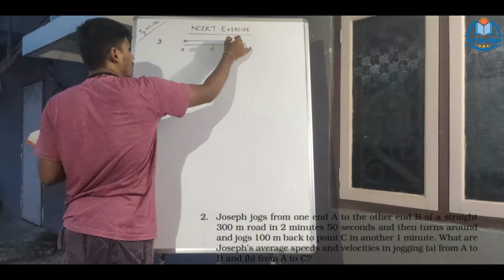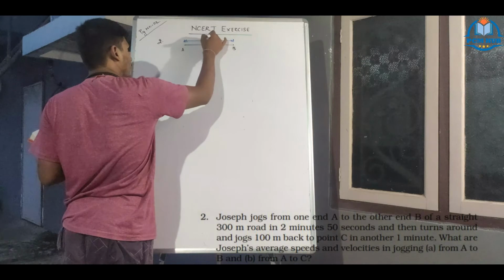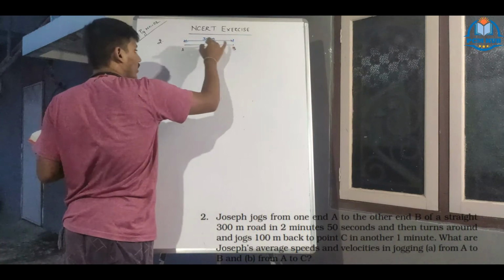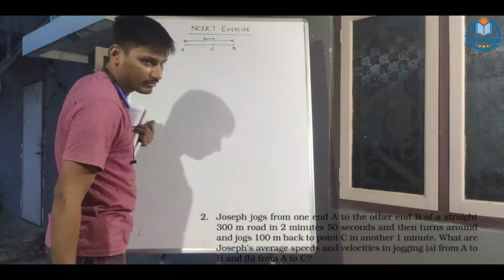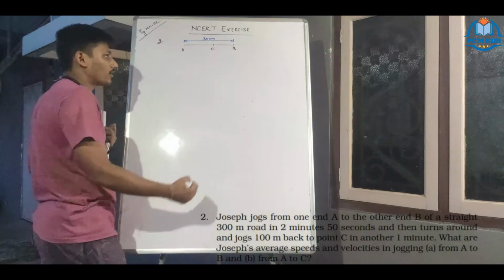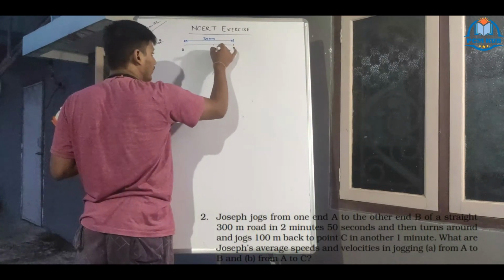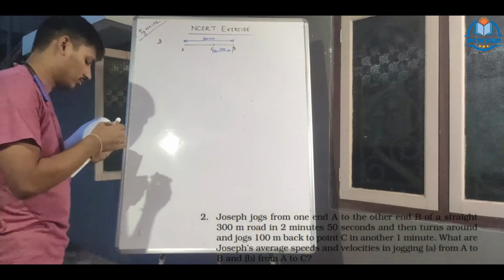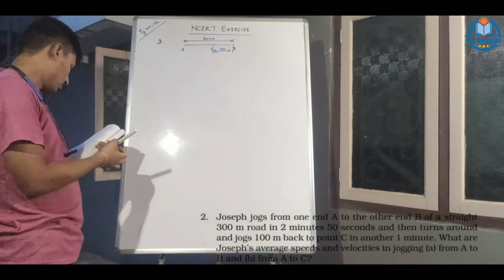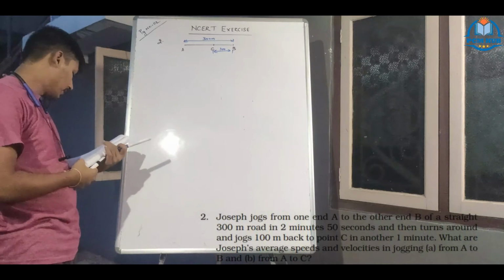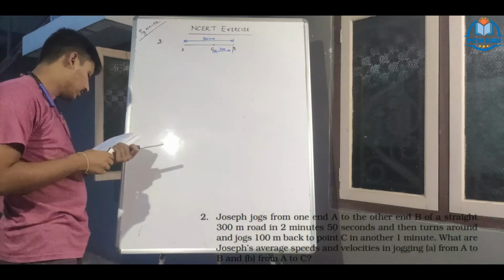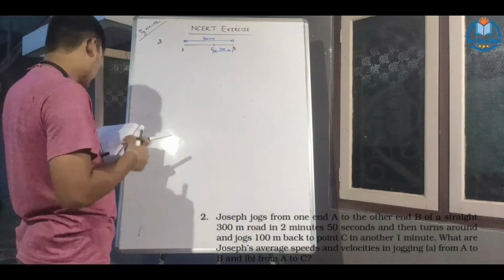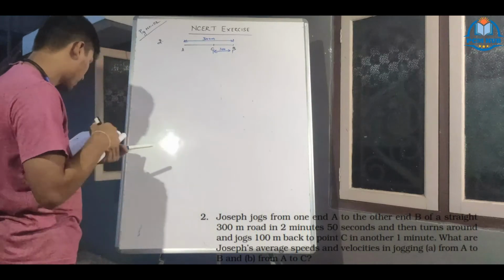He went from A to B jogging, and from B again came back to C, which is 100 meters behind. He took 2 minutes 30 seconds to go that side, and another 1 minute to come back.